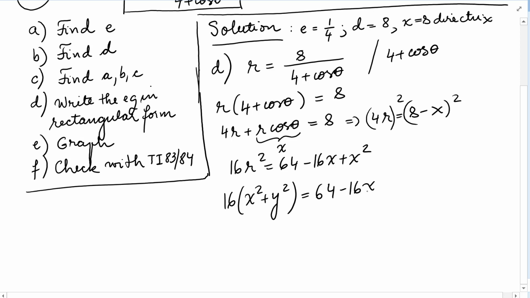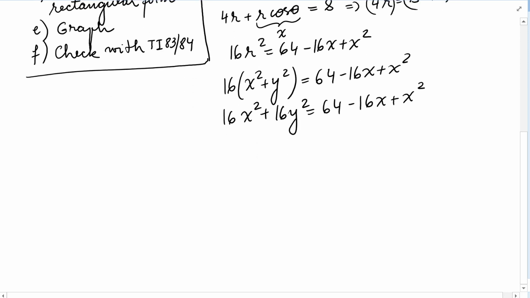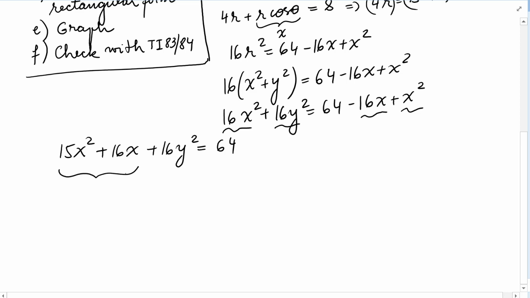So doing the algebra here, we get 16x squared plus 16y squared equals 64 minus 16x plus x squared, which means 15x squared plus 16x plus 16y squared equals 64. What I'm going to do next is complete the square here. First I'm going to factor out 15 and get x squared plus 16 over 15 x.